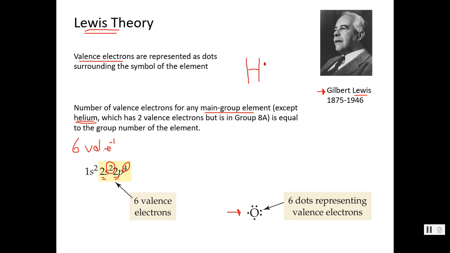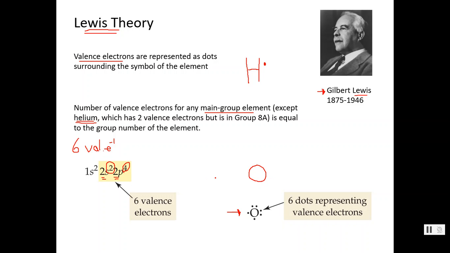Now notice when placing the electrons, you can see here that I don't have all 6 electrons on one side of the oxygen and the other side of the oxygen is empty. The order in which you place electrons around the element is important. Specifically, think about when you write the element symbol, it could be for oxygen or whatever element you're dealing with.